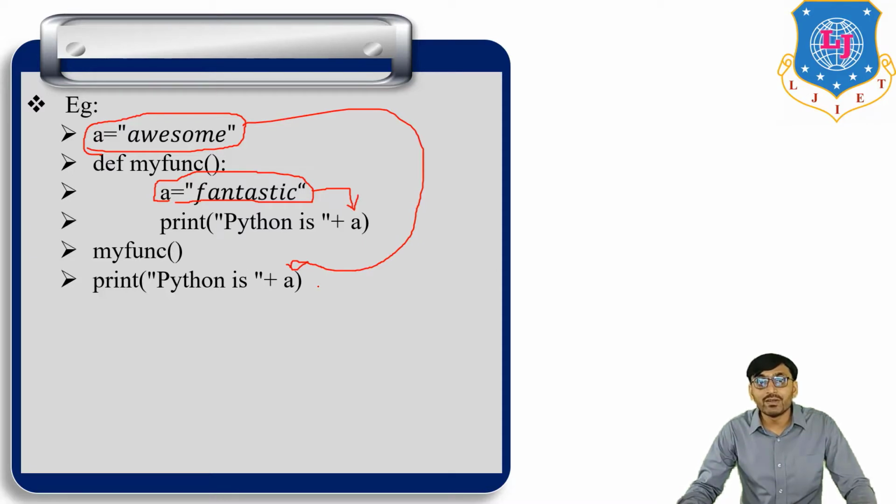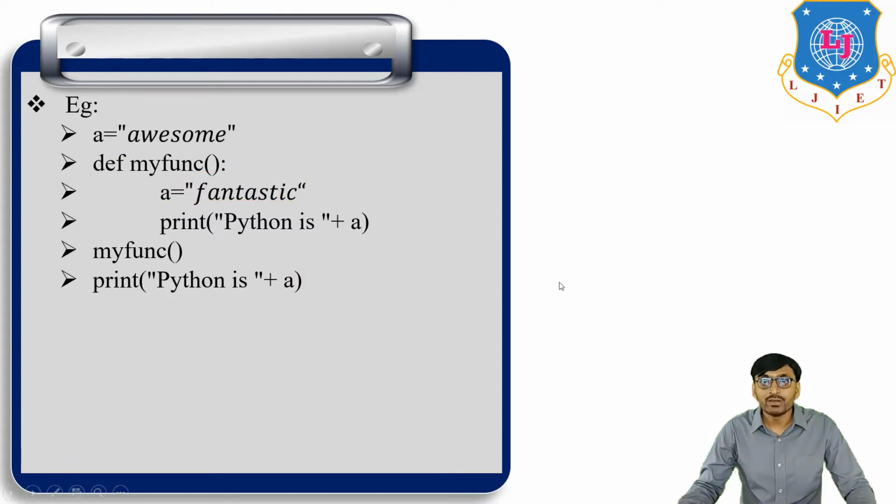So A is equal to awesome, that is the global variable, and A is equal to fantastic, that is the local variable. If we run this program, then output is, for the first one Python is fantastic, and for the second one Python is awesome. Now this same program we run in PyCharm.